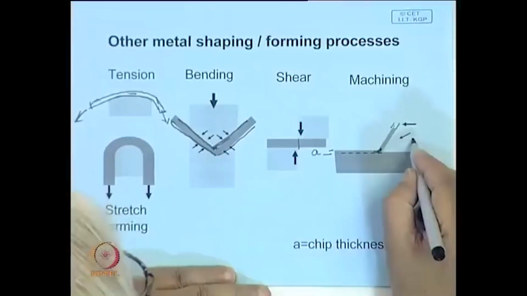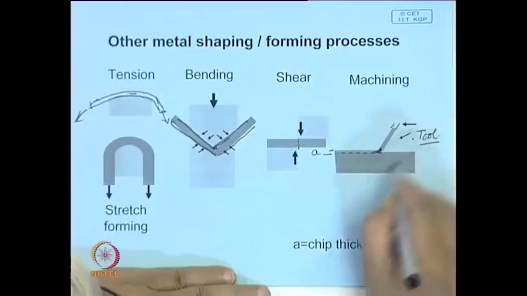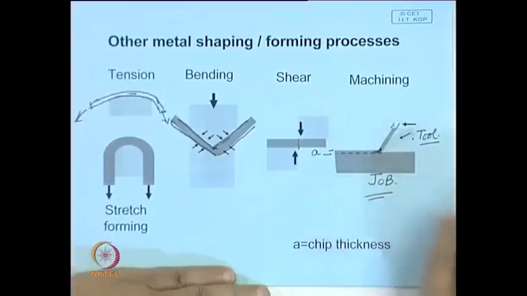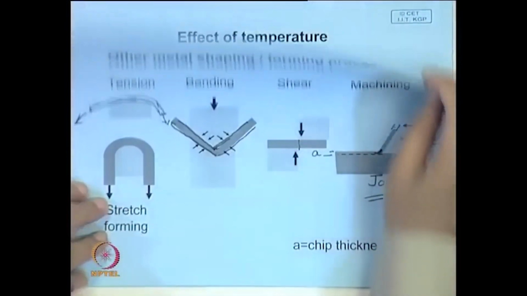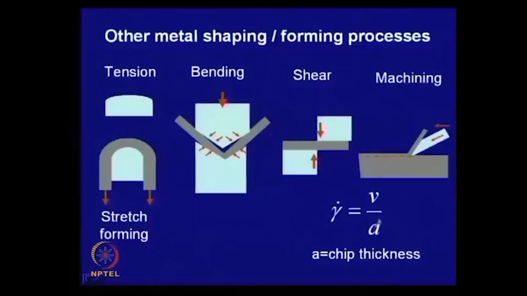This is the tool, and this is the job. This is one way of classifying the method of deformation, and here also it is possible to calculate the strain rate for the shearing process, like at what rate the tool is moving, or the job is moving if the tool is fixed.